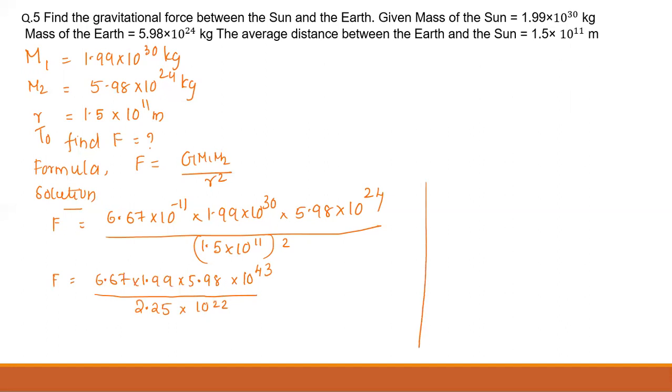Okay, on solving this, that is 6.67 into 1.99 into 5.98 divided by 2.25, we will get F is equal to 35.28 into 10 raised to 21 will come.